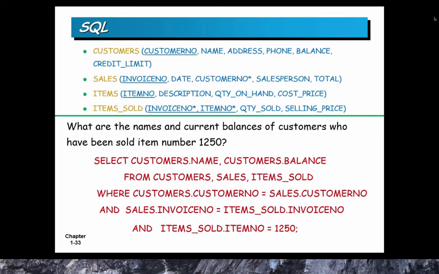So let's start at the bottom here. First you're saying we want to find the item sold from the item number table, 1250. Then from there you get to figure out the invoices from the item sold table.